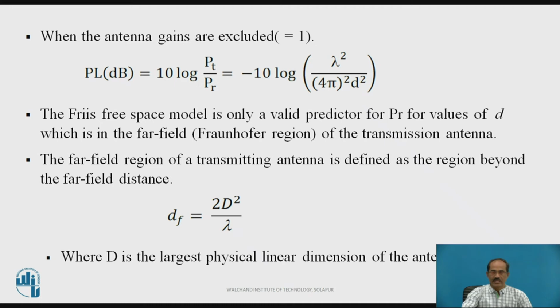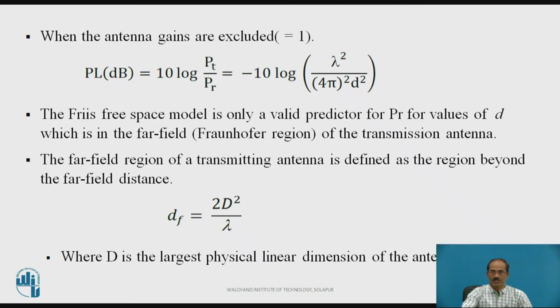When the antenna gains are excluded, that is equal to 1, path loss in dB = 10 log Pt divided by Pr = minus 10 log lambda square divided by (4 pi) whole square d square.